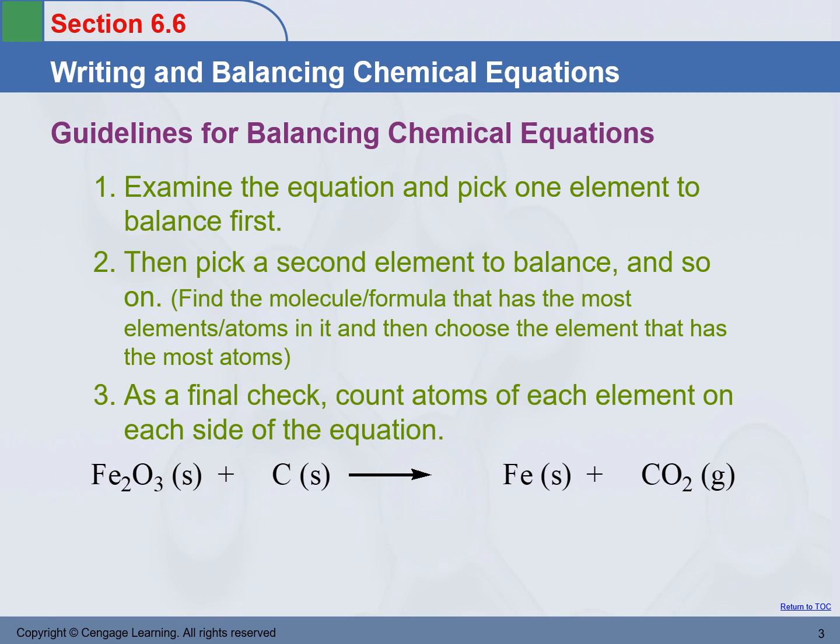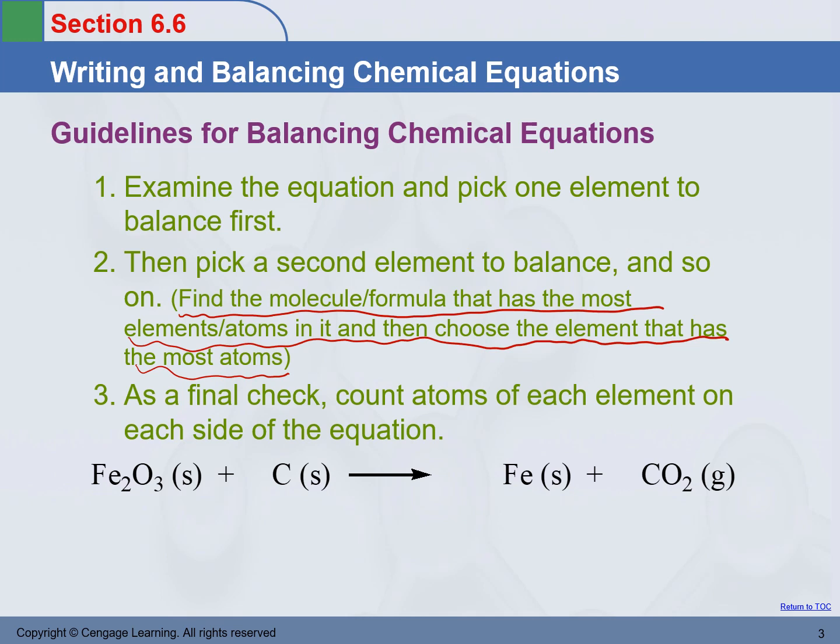All right, here we go. Here is the procedure we have to follow. How do we pick one element to balance, then choose a second one to balance? How do we pick an element to balance first? You find the molecule or formula that has the most atoms in it, and then choose the element that has the most atoms.